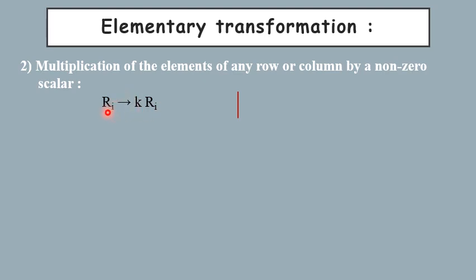Similarly, suppose we have to multiply all elements on the ith column by a non-zero scalar k. This can be written as Ci changes to k Ci. That means we multiply all elements placed on Ci by k.